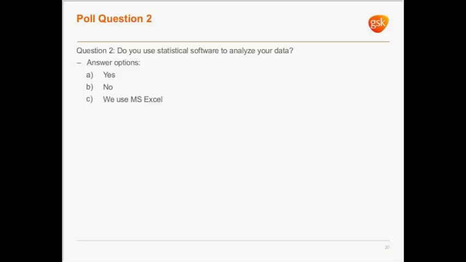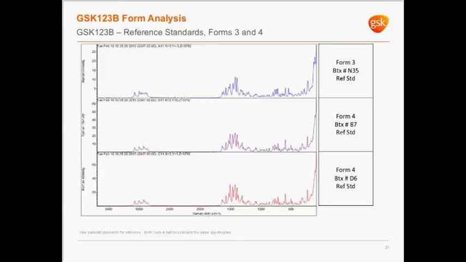One example is Spotfire, but I know there are many others, and I know that some folks simply report the raw data and perform no statistical analysis at all. So I'm interested to know what you guys are doing with your data when you generate it. And we'll take about 20, 25 seconds to answer that question.